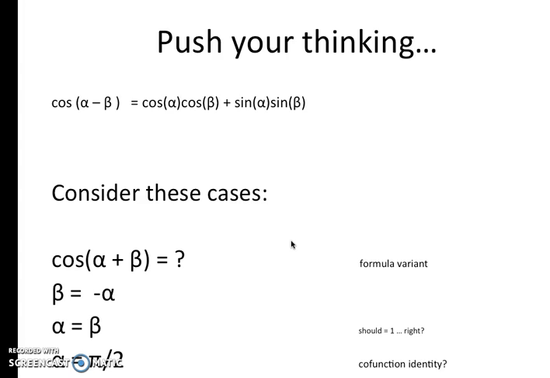I would like to talk about these things. So I have four cases under which I would like you to consider this equation, this function. So this is our cosine of angle difference formula, this guy here at the top. And you'll be seeing a lot of it, I'm sure.